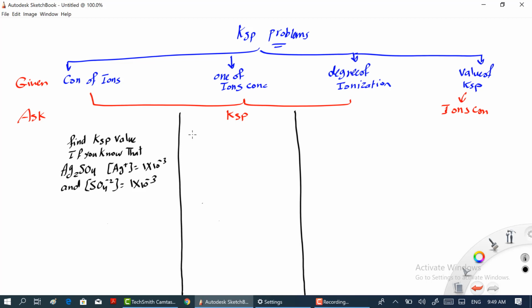Second case, for barium chloride, find the Ksp, if you know that the concentration of chlorine equals 1 times 10 to the negative 3.